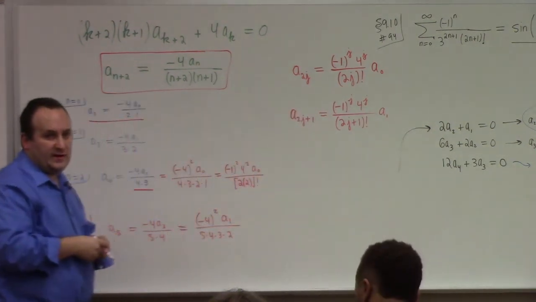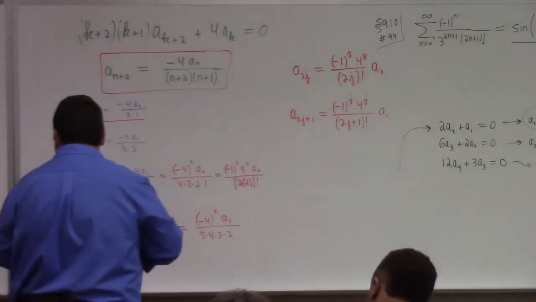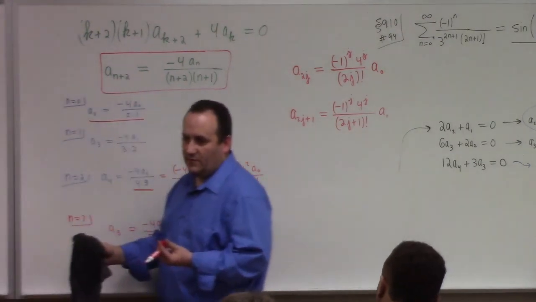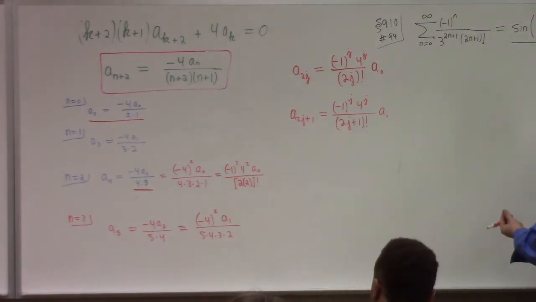Maybe I haven't written quite enough for this pattern to be totally obvious, but if you write about another 3 of these, it'll for sure pop out at you. So I have to work out this kind of recursive relation if I want to actually find the complete power series, is what I'm getting at, Nathaniel.